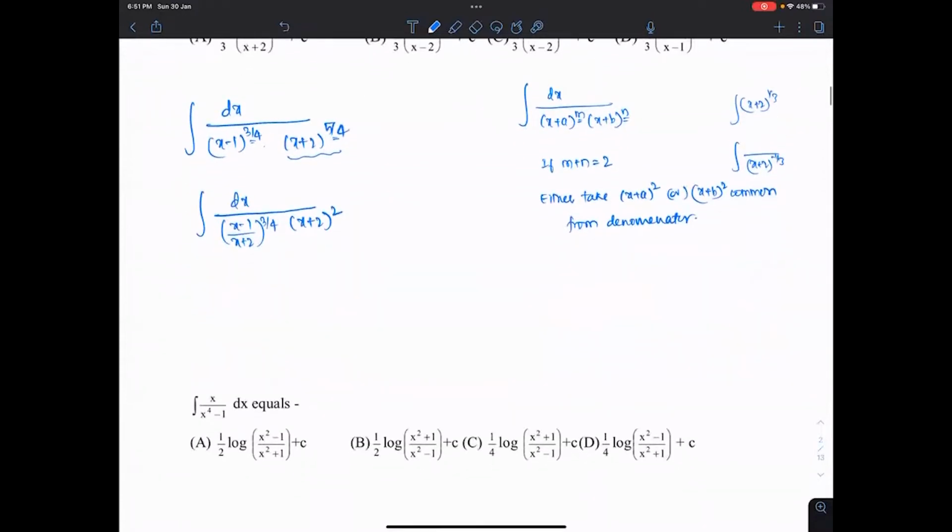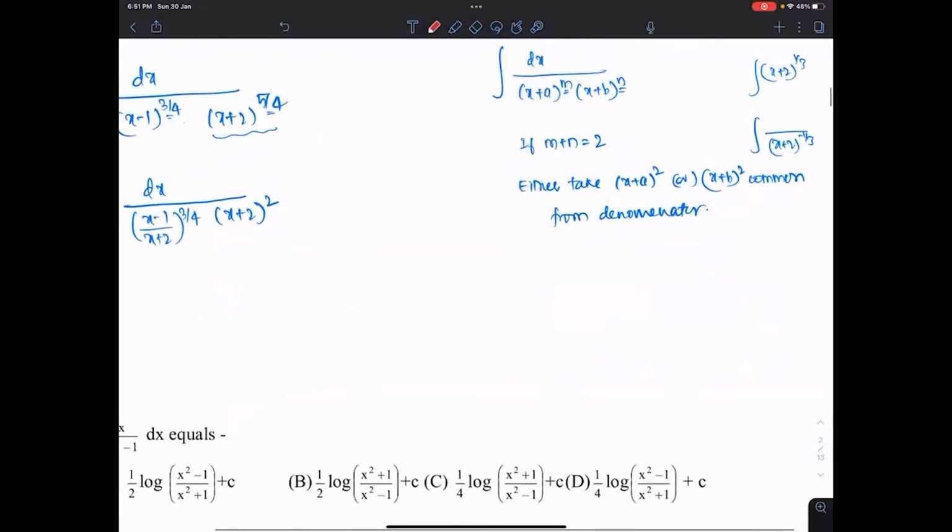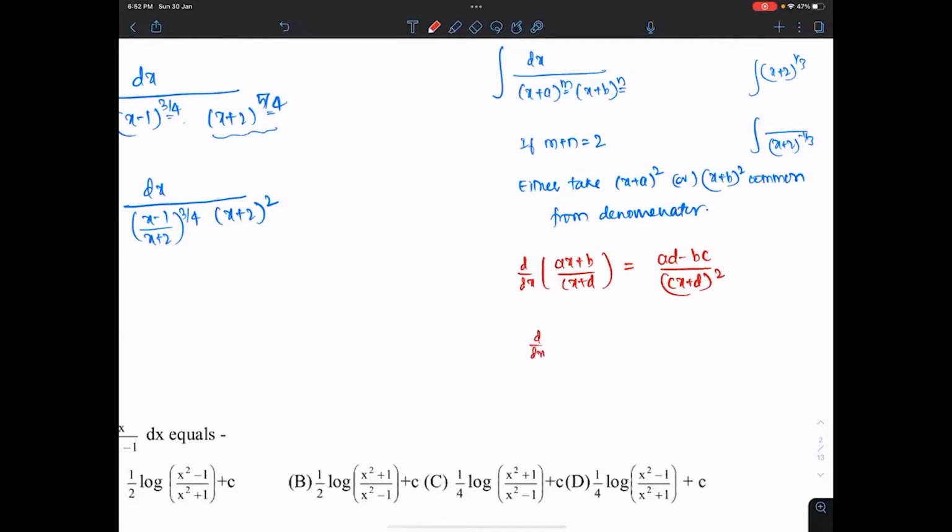Then one important point: if you differentiate ax plus b by cx plus d, the derivative of linear by linear will be ad minus bc by cx plus d whole square. AD minus BC is something you come across in determinants, so it will be easy to remember. This is a very commonly occurring derivative. For example, the derivative of 3x plus 5 by 2x minus 1 is ad minus bc, that is minus 3 minus 10, divided by 2x minus 1 whole square.